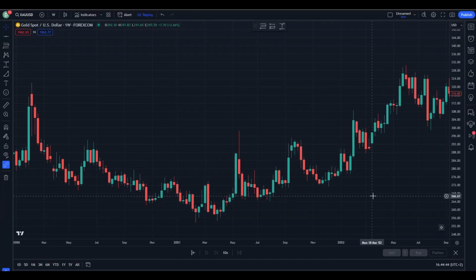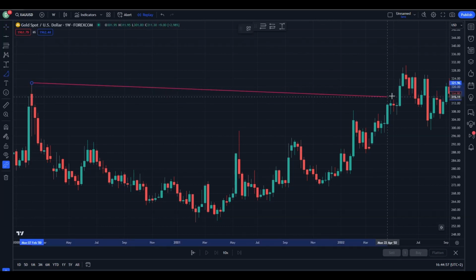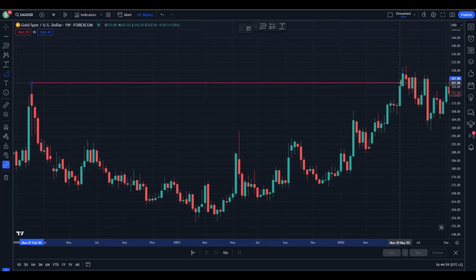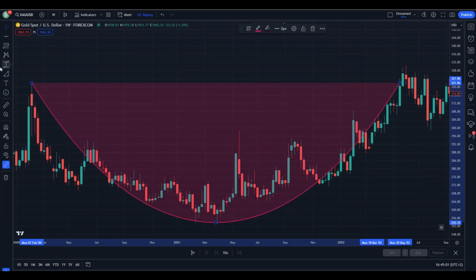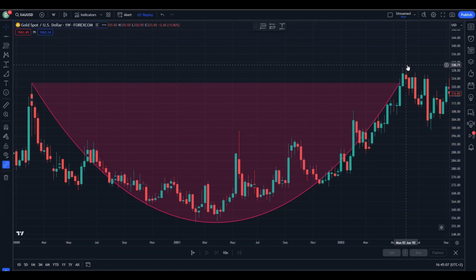Over here, we're looking again at gold, but this time we're looking back at the period between the year 2000 and 2003. Again, we have a massive cup and handle formation. I'm going to draw it for you so that you can see it. So this is the cup right over here, and in this region, we are getting the handle like this.